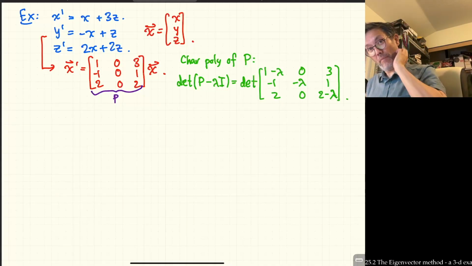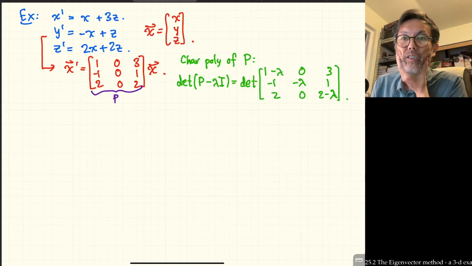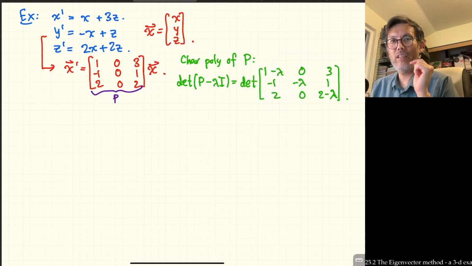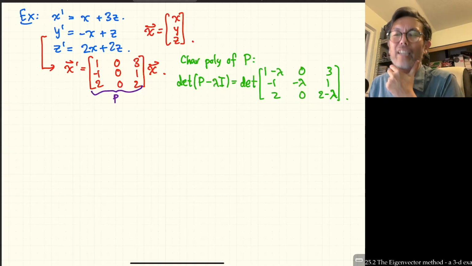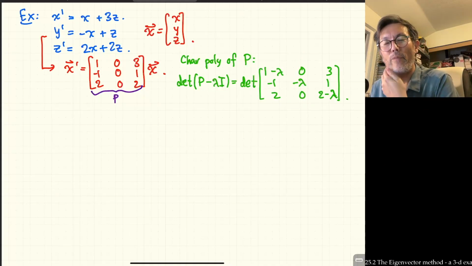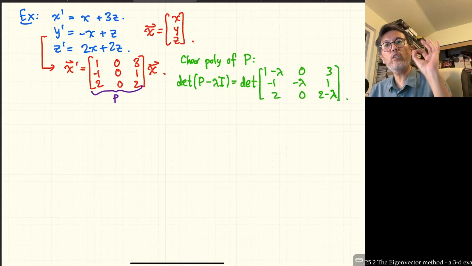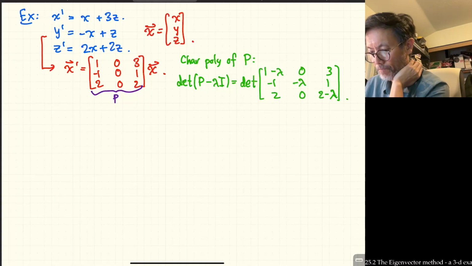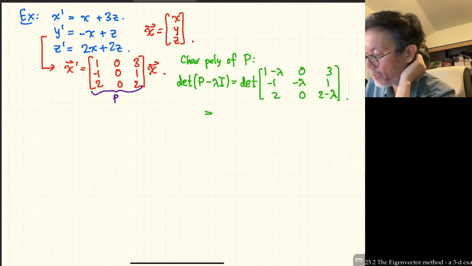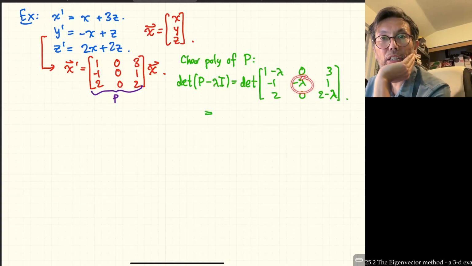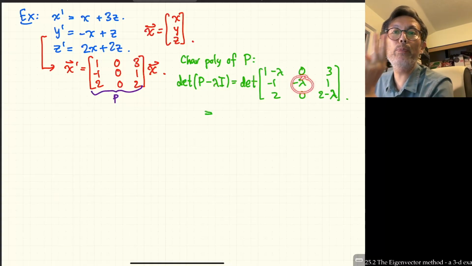Going to compute the determinant of this, and it looks a little scary, except that you see, I hope, that column 2 has lots of zeros. Very nice. Do you see that? Column 2 has lots of zeros. So let's cofactor expand along column 2. Notice that this non-zero entry in column 2, negative lambda, is sitting at the 2, 2 position.